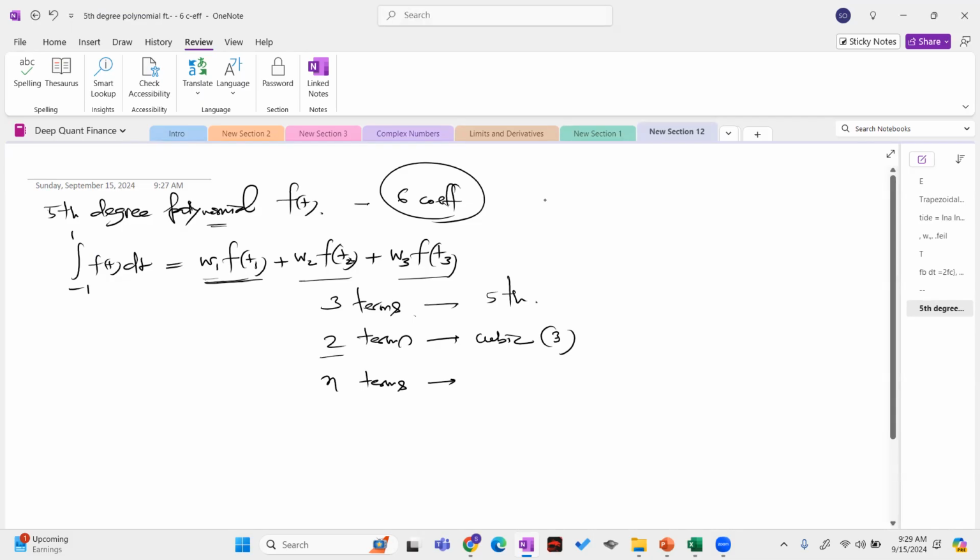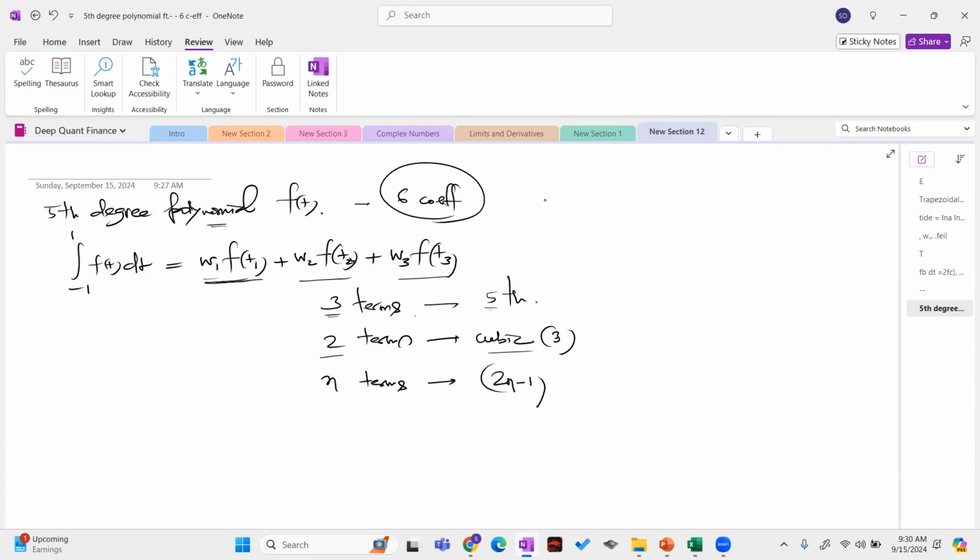With 2 terms, we have a coverage till 3 degree. With 3 terms, we have a coverage till 5 degrees, right? With 4 terms, we'll have a coverage till 7th degree. So what's the relation, guys? With n terms, we can cover till 2n minus 1. Okay. Degree polynomial integration we can calculate.